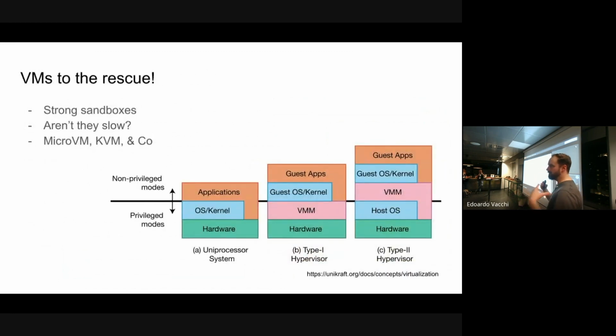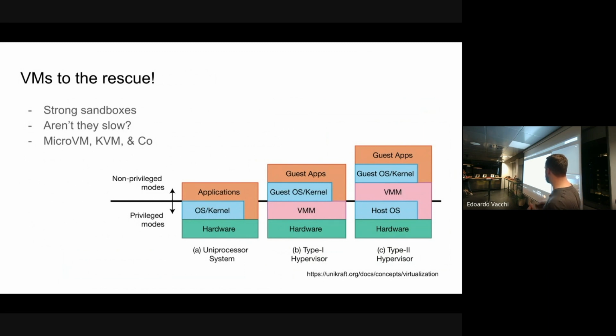VMs are way better sandboxes. But you have, I would say, a classical application running on hardware. You have your OS, and the application is running on top of it. No isolation. With a hypervisor, you have the virtual machine manager in between, which is abstracting your hardware away.